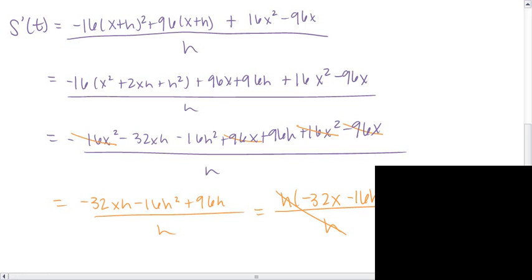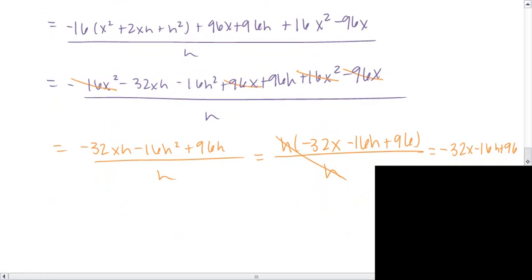At this point, I think this is where a lot of us get confused on notation, so just a notation note. After you've done the difference quotient, you should end up with something that still may have an h in it. So remember, we are taking the limit as h approaches 0 of all of this stuff. So negative 32x minus 16h plus 96.